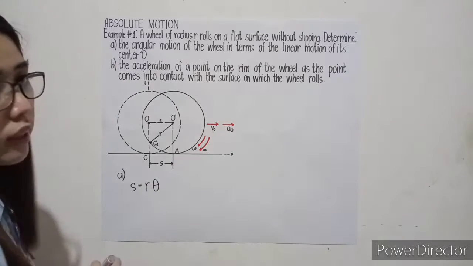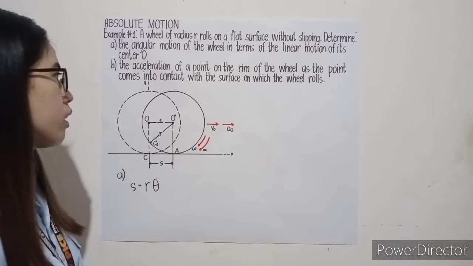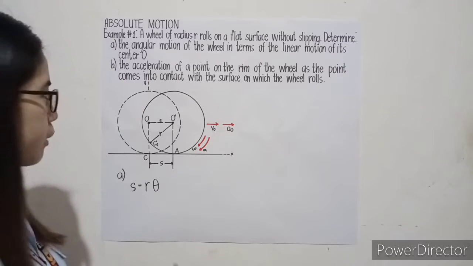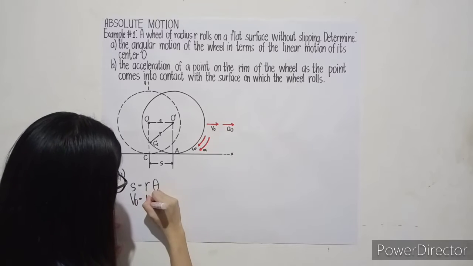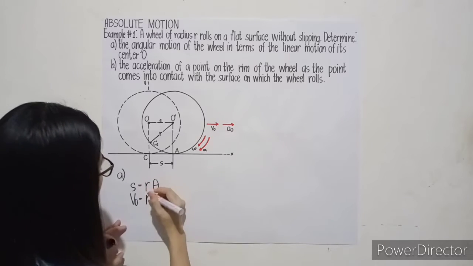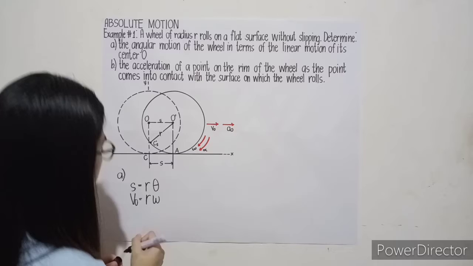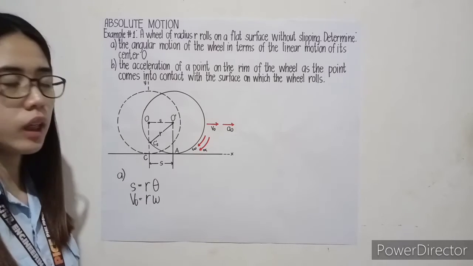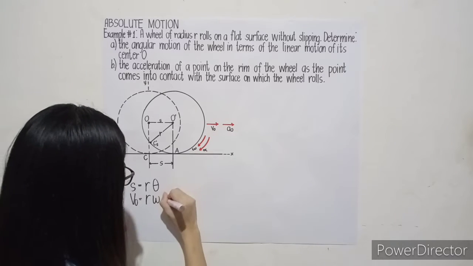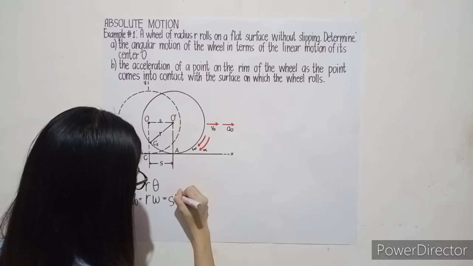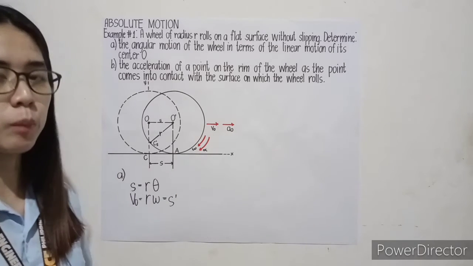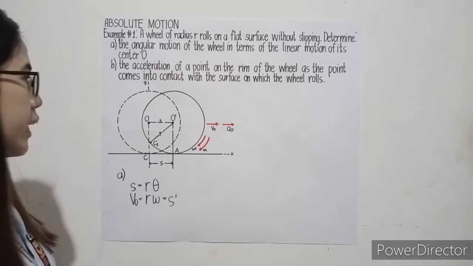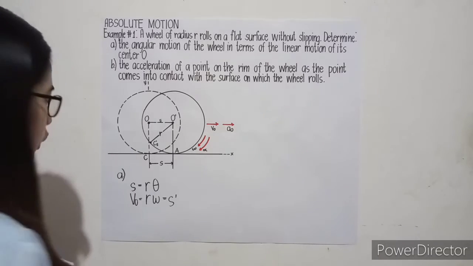Then the velocity, we get this by simply multiplying the radius and the angular velocity. And it is also equal to the first derivative, or s prime, of the position.